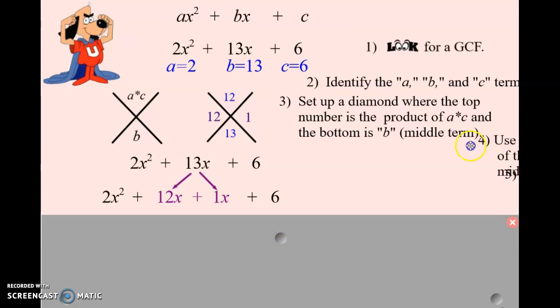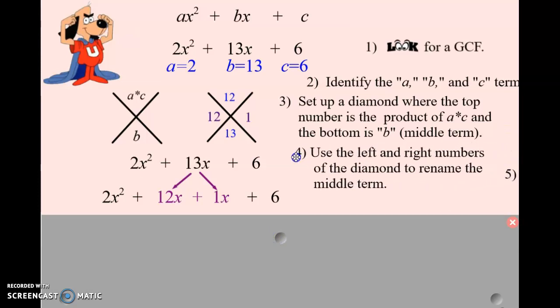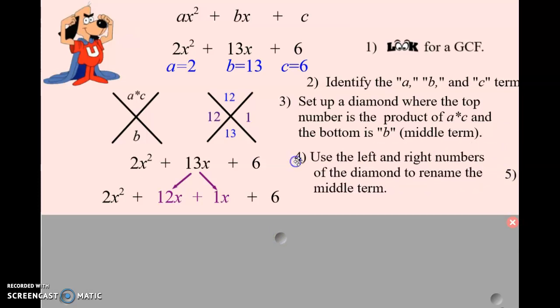Now in step number 4, I'm going to use the left and right numbers of the diamond to rename the middle term. So 12 and 1 become 12x and 1x. Now I'm just going to solve the problem by grouping, just like we did before.